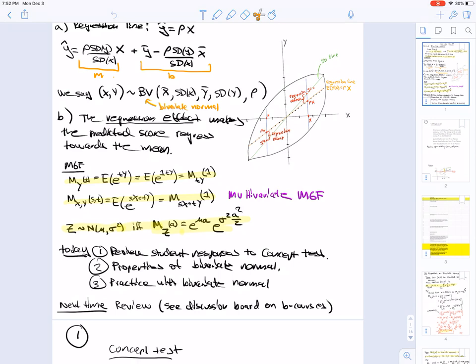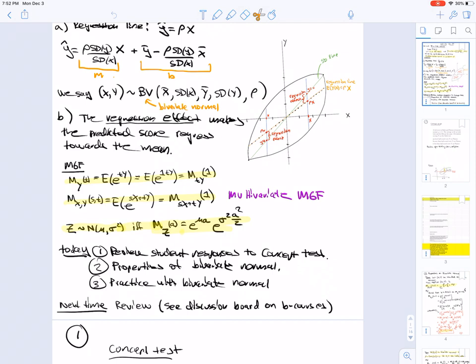So we're going to be using moment generating functions today. Let's just recall what a moment generating function is: the expectation of e to the tY, which you can also write as the moment generating function of tY at 1.